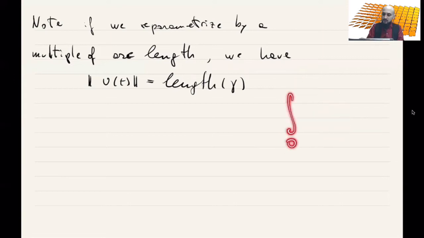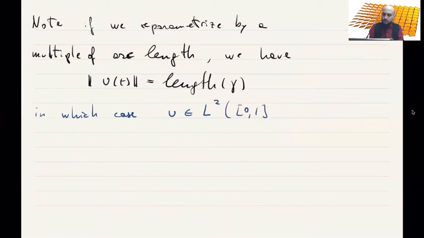So I can also integrate the square of this number, and it will still be finite. So a very small remark: in this case, u is not only in L1, but it's also in L2. In other words, up to reparametrizing a curve, I can always assume that its control is an element in L2.